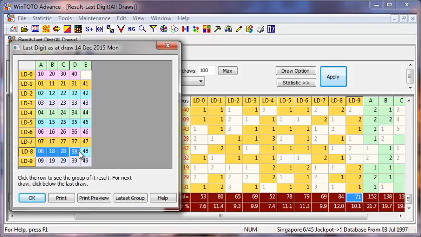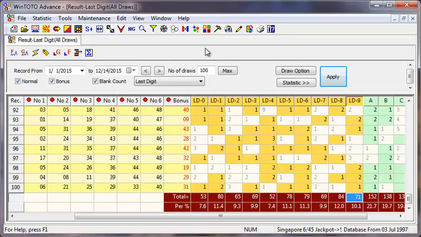Alright, then we have LD5. So you can see that this is how it is likely to happen, followed by LD8 as well. So these are the concepts you can choose. Once you understand these 2 concepts, adopt 1 or adopt 2, up to you.